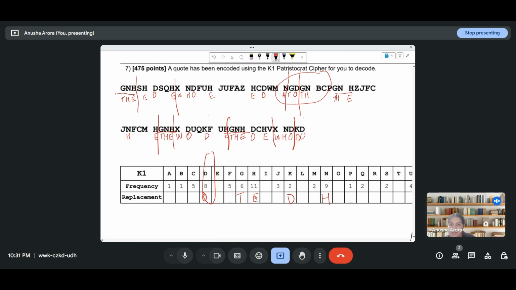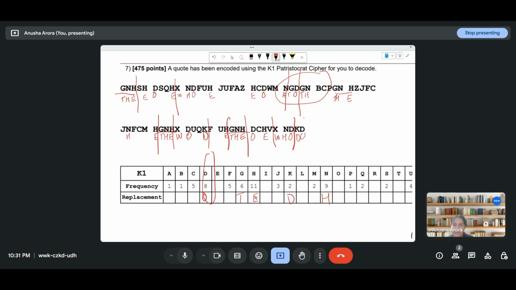And I'm going to guess that right here, and let me scoot over this D. This is also another word break. Okay. So now, let's see. I think this is probably going to be another word break.